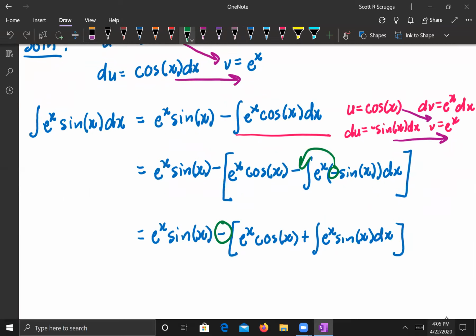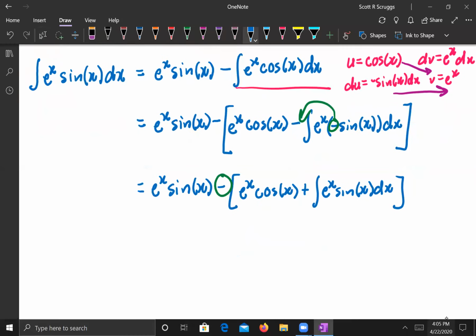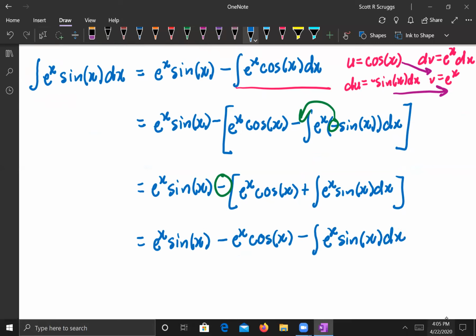And because of that minus up in front, I now have e to the x times sine of x minus e to the x times cosine of x minus the integral of e to the x times sine of x dx.